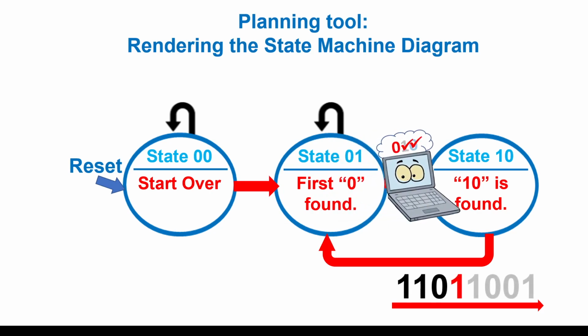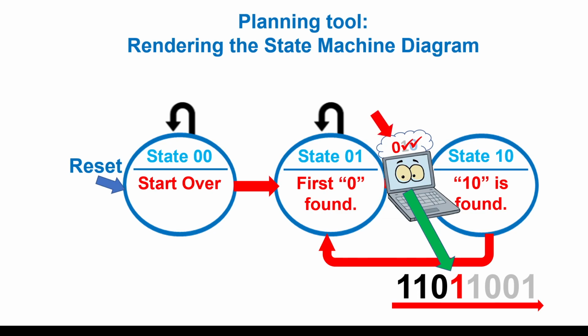But what if we went back to this state and the number that we found was actually a 1 instead of a 0? Where would we go then? Is that the first 0 of a sequence? No. If the next number is a 1, we didn't find the sequence, so we wouldn't go back to state 1, and we couldn't stay in state 1, 0, state 2.